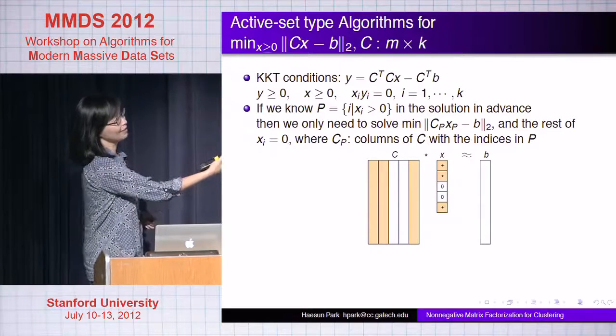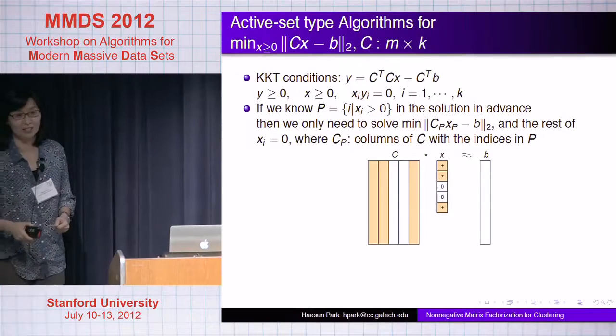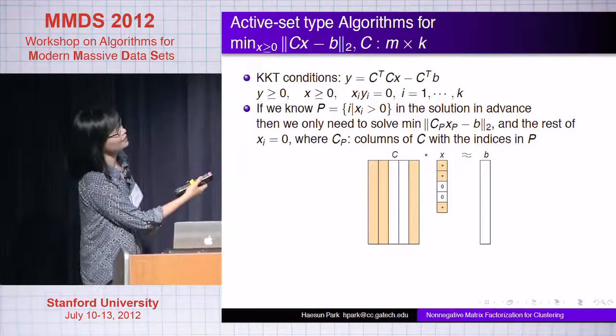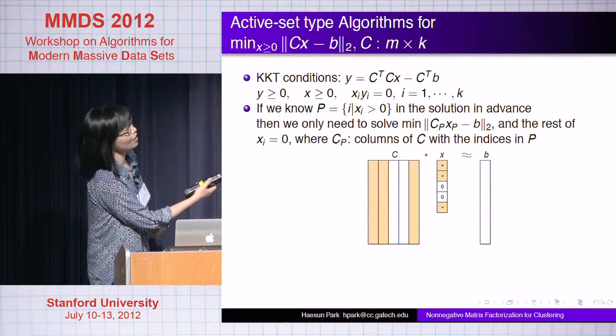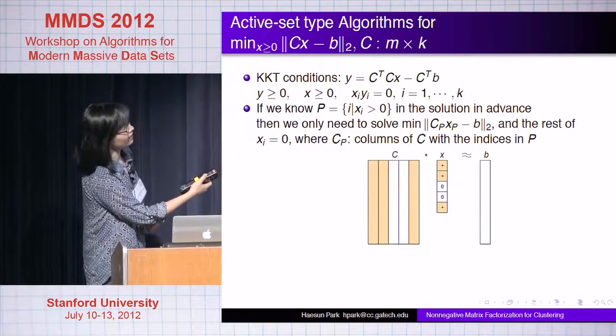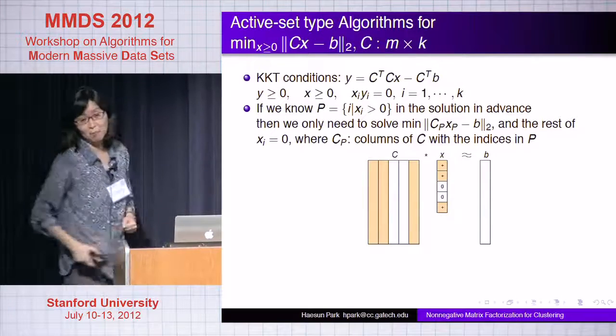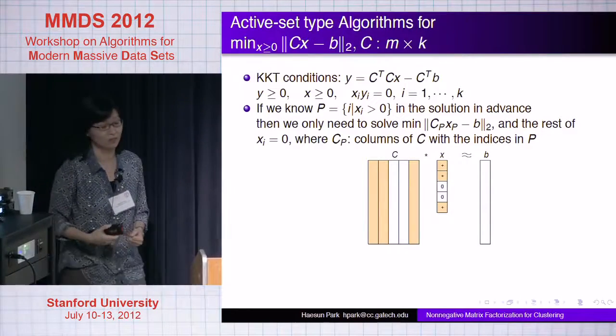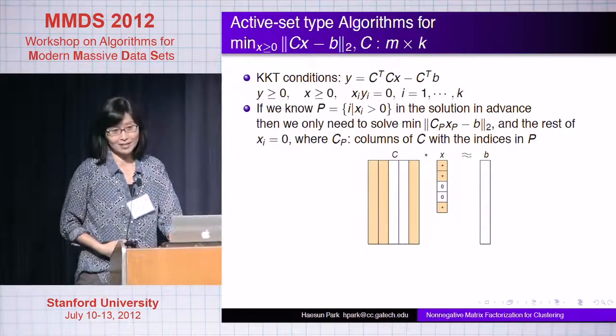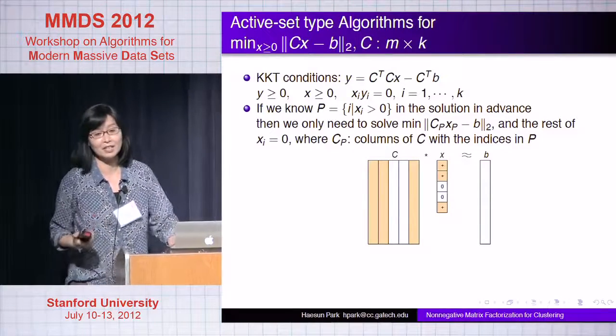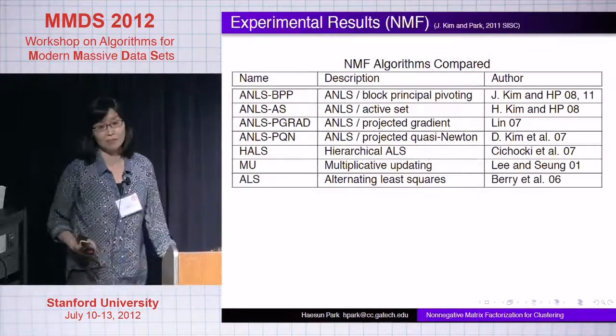Put them in, and the rest we just set to be zeros. So really the problem is where in the final solution vector x the components are 0 and the other components are strictly positive. That's what the active set-based method is looking for. So it's guaranteed to finish in a finite number of steps.